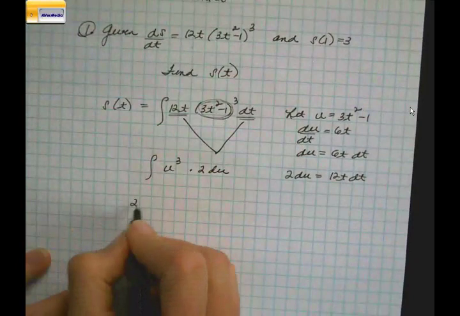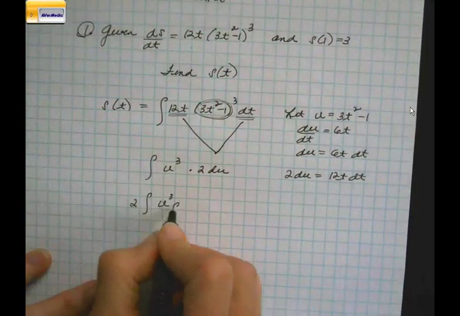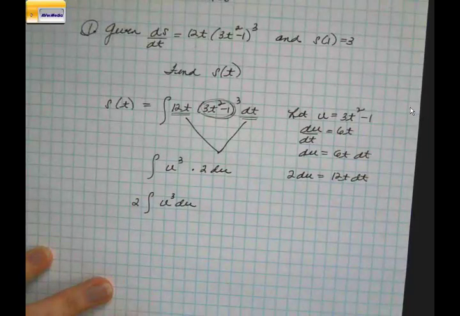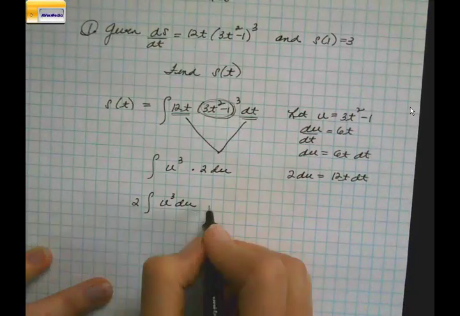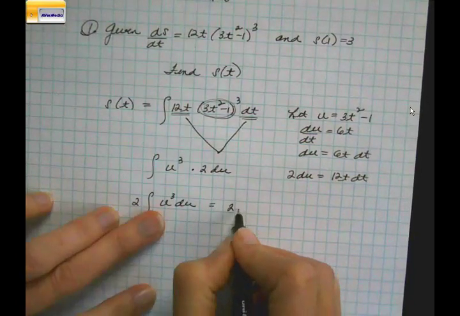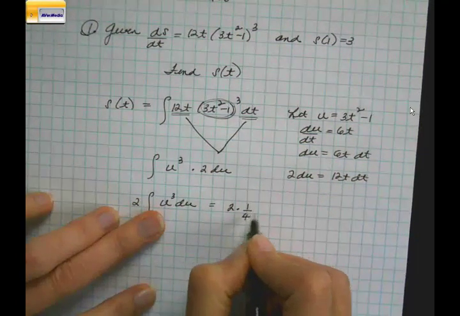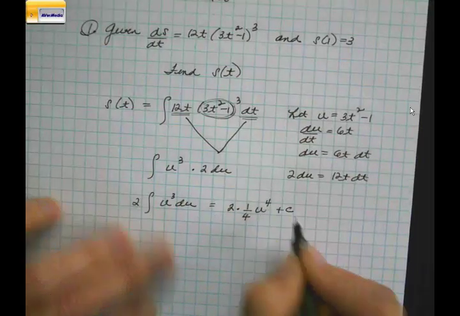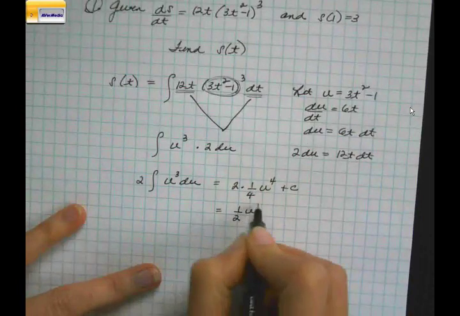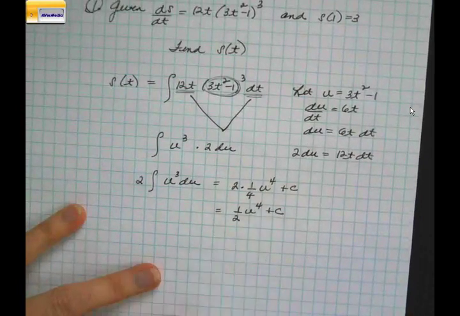It's commonplace to rewrite this by pulling that constant out front of the integral, just as we did in front of the summation symbol. So this then equals 2 times the integral of u cubed, which is 1/4 u to the 4th plus c. So this is 1/2 u to the 4th plus c.